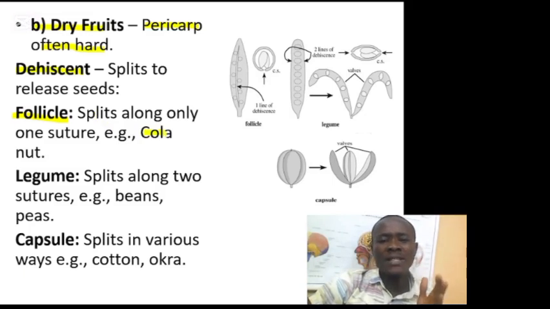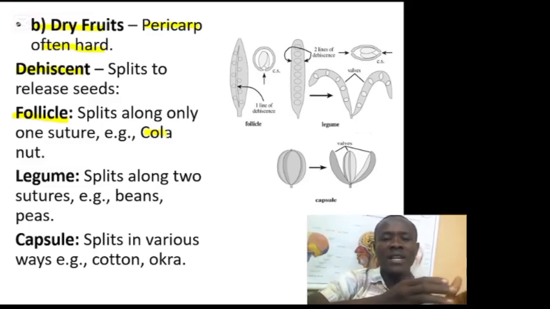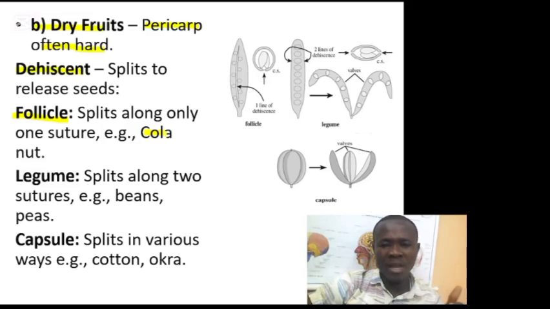Mind you, they will not come and ask you to define what is a follicle or what is a dehiscent fruit or what is an aggregate fruit. They will just come with many fruits. You identify it. Which type of fruit is it? Is it a drupe? Is it a berry? Is it a follicle? Is it a legume? Is it a capsule? Your own is to identify it.